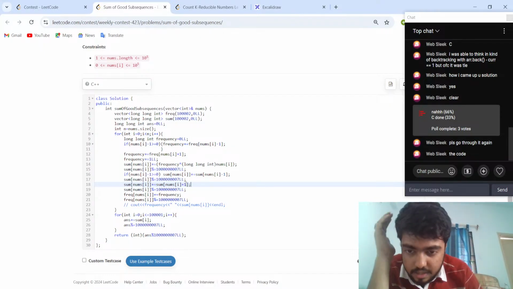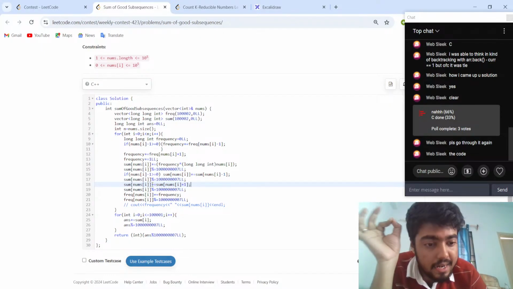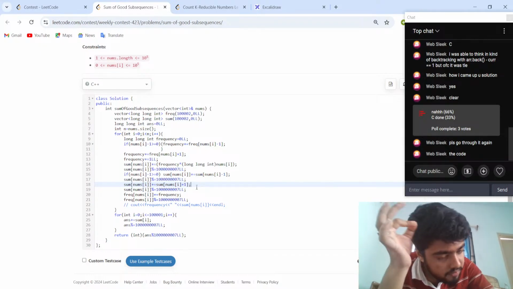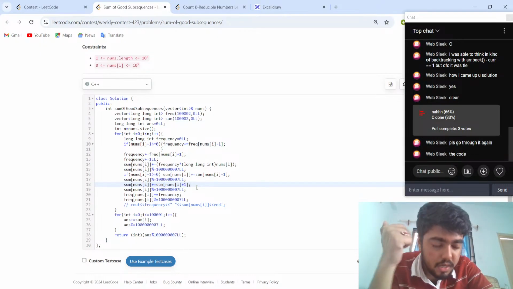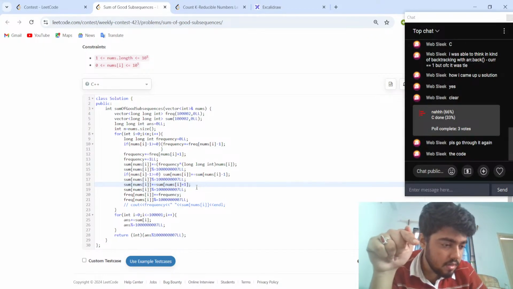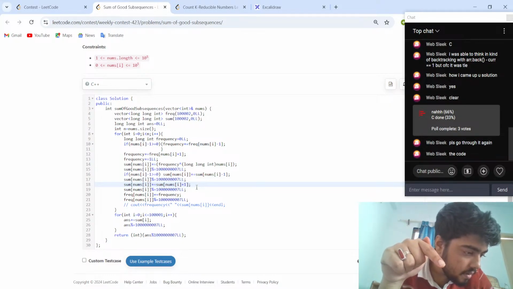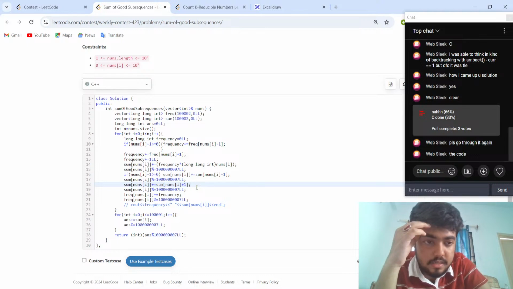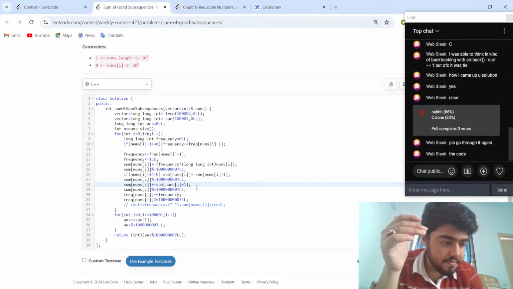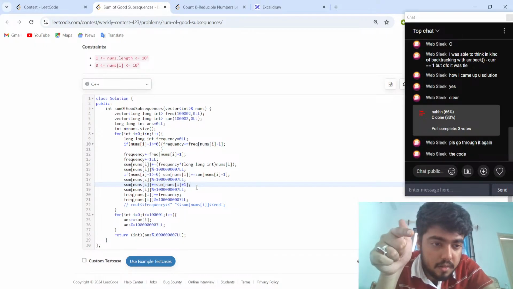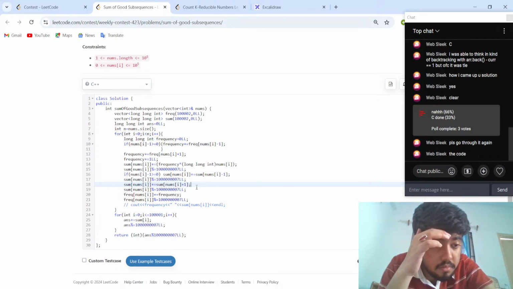Now what we do is we simply add that to the sum, because the derivation is something that will always be added. Okay, but apart from the derivation, what happens is, the code, please go through it again.